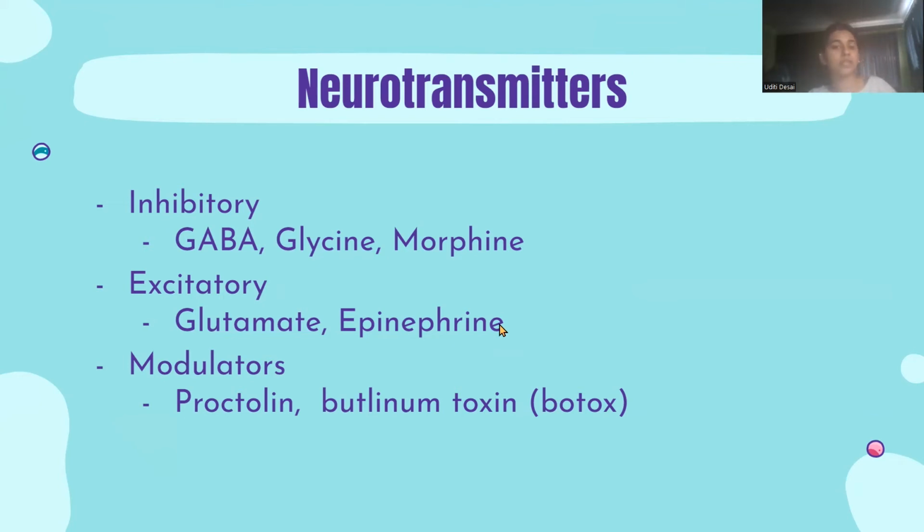And neurotransmitters can also be modulators. What this means is that they can basically enhance the inhibitory or excitatory responses to the receptor. And they don't directly activate any ion channels or anything.